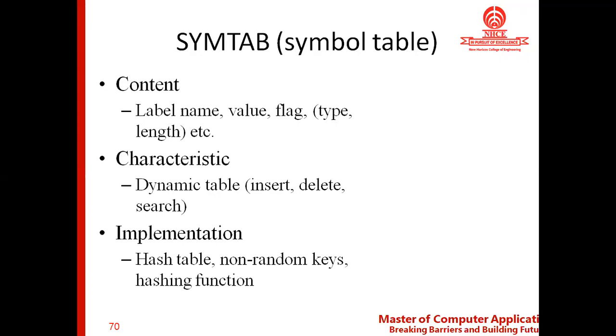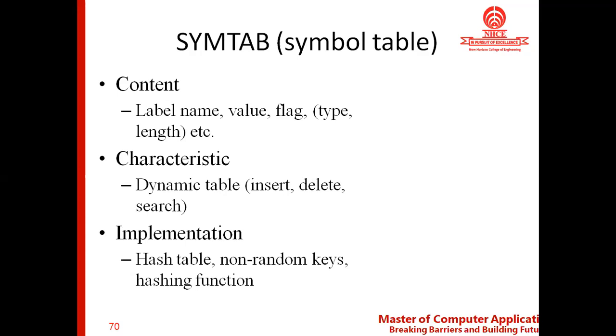Later we use the symbol table for referring to symbols which are not yet defined also, and we use pointers to point to the node wherein the symbol value has to be inserted, so that we will keep using the symbol table in the near future in different concepts as well. This symbol table is a dynamic table where you can do insertion and deletion, because whenever you find a symbol definition, there will be a chance of adding the symbol into the symbol table.